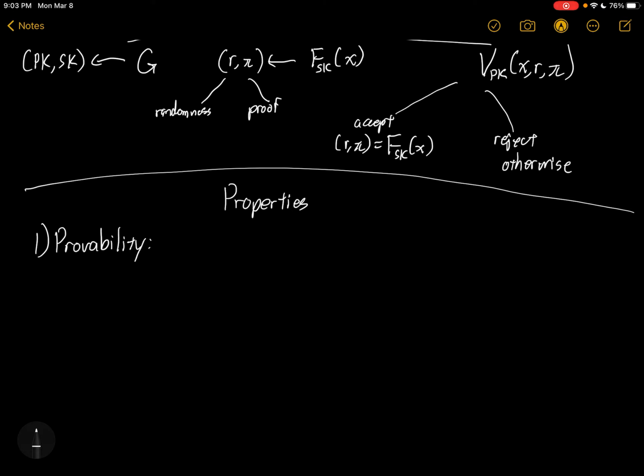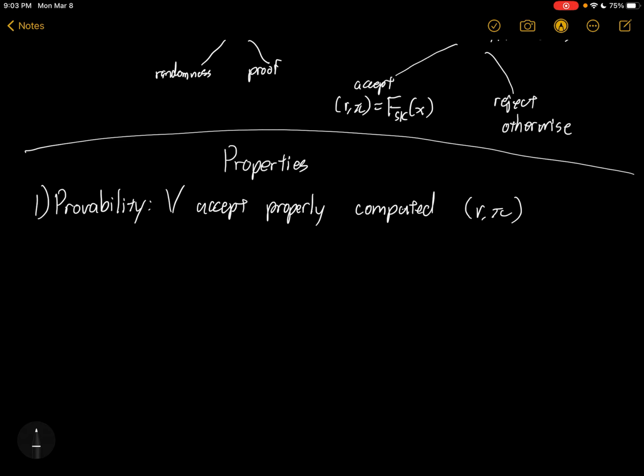And this essentially states that the verification function v will always accept properly computed values of r and pi. Pretty straightforward.